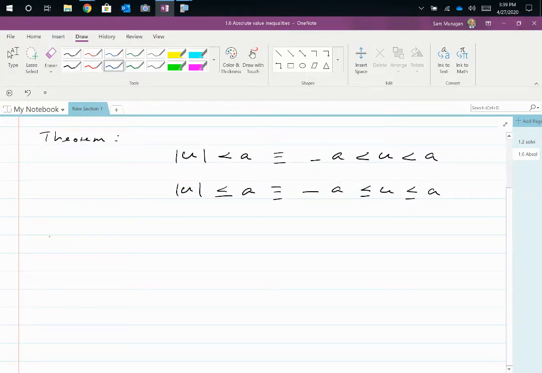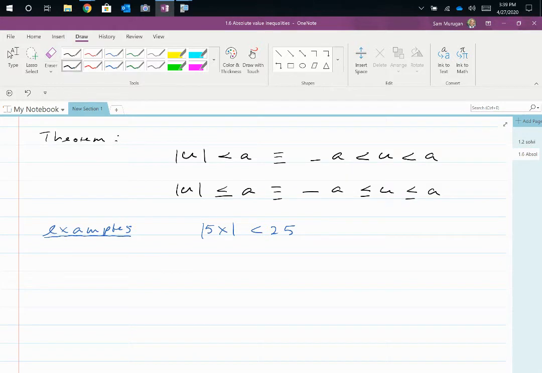Let's consider a few examples. And please remember that the examples match the homework problems. So you really want to go ahead and do your homework or make notes for your homework while you're looking at the videos. So absolute value of 5x less than 25.